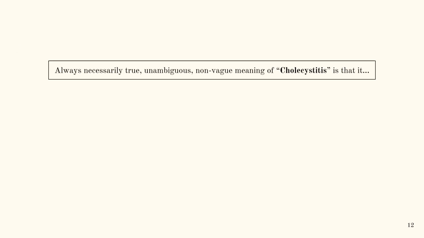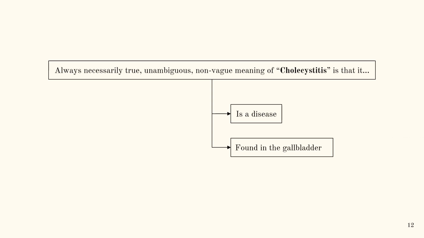So let us take the case of cholecystitis. What is the always necessarily true, unambiguous, non-vague meaning? It is a disease. It is found in the gallbladder. It is an inflammatory condition.